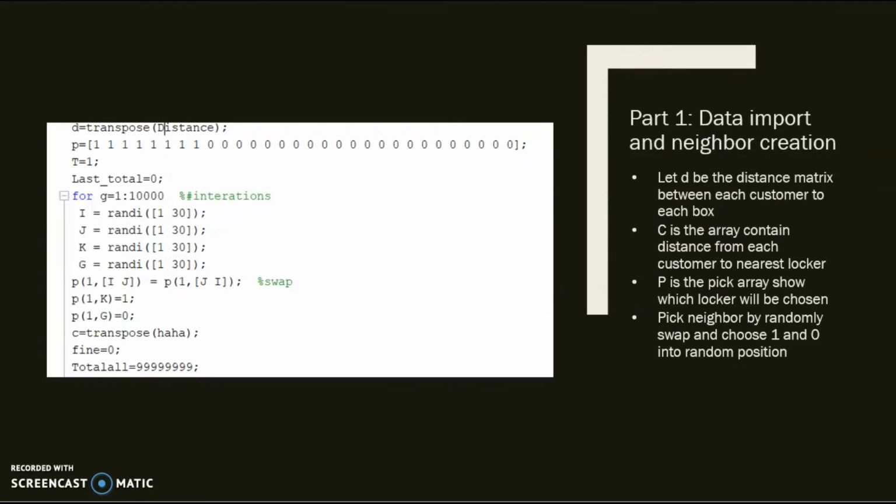So today I'm going to talk about our heuristic for the Amazon problem. There are three parts to it. The first one is the data import and the neighbor creation.